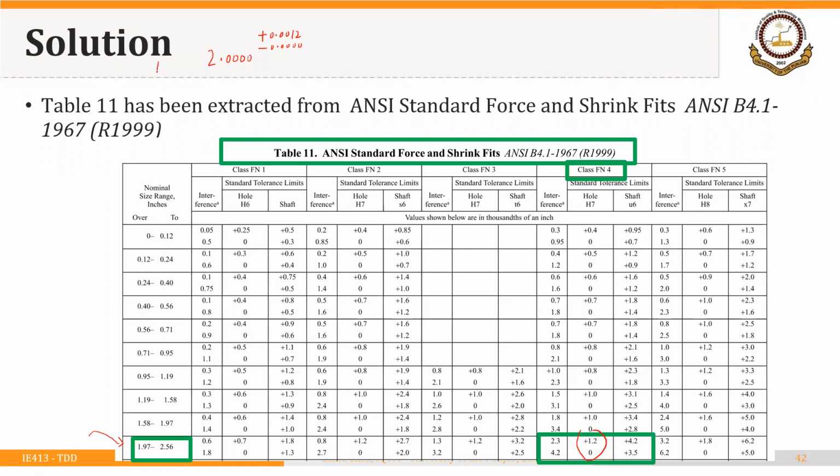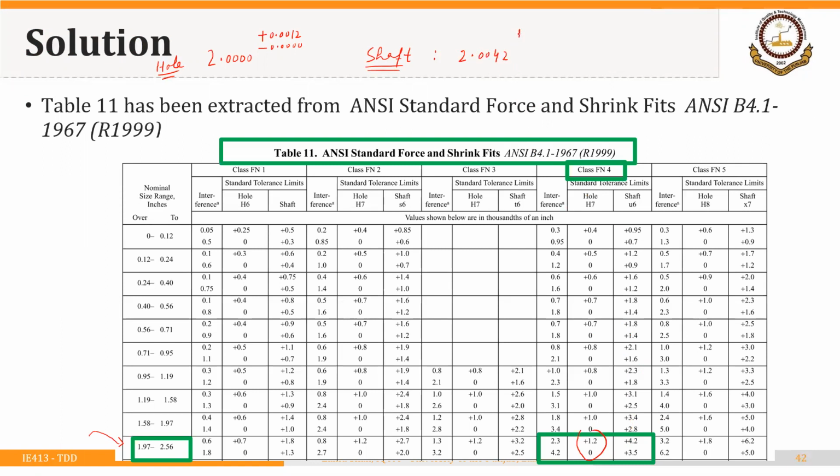So this was the case of the hole. Now what about the shaft? First we need to determine the basic size of the shaft, which will be equal to the upper limit. That will be 2 plus 4.2 divided by 1000, so the basic size will be 2.0042.